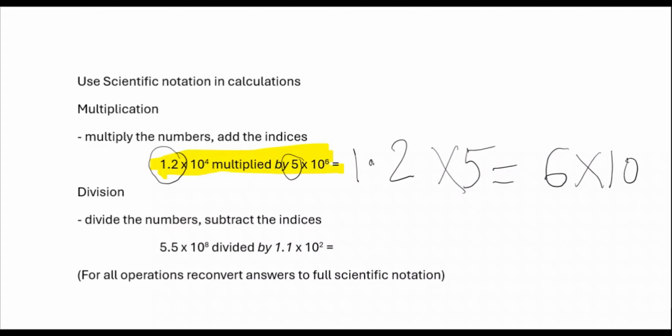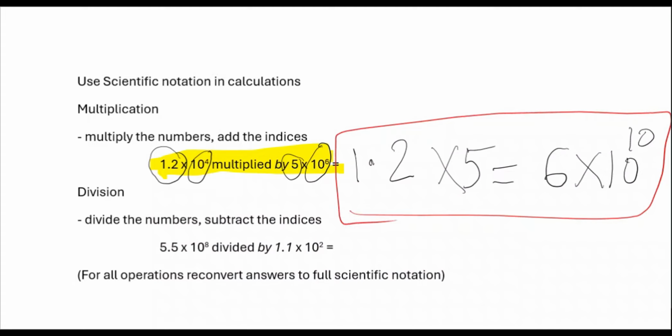Now add the exponents: this number is 4, this number is 6. 4 plus 6 is 10. So this is our answer. So remember, when we multiply two numbers given in scientific notation, we multiply the main numbers and add the exponents of 10.